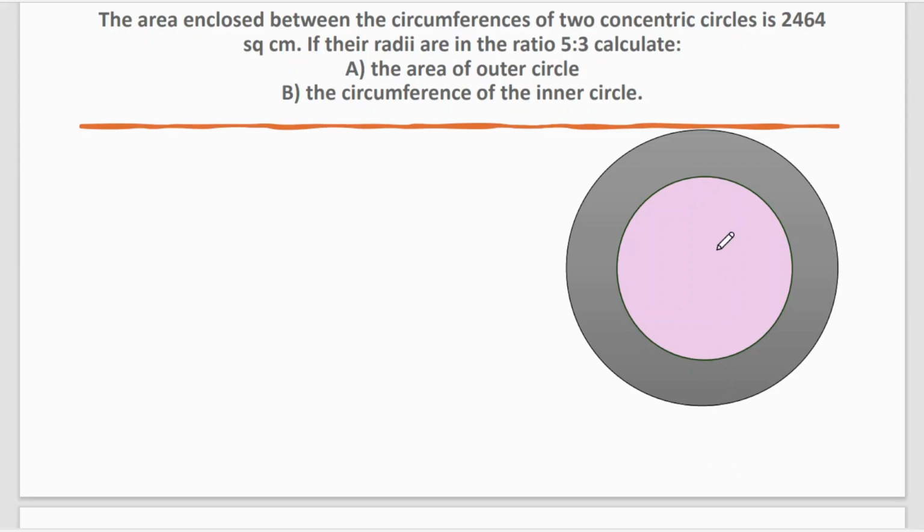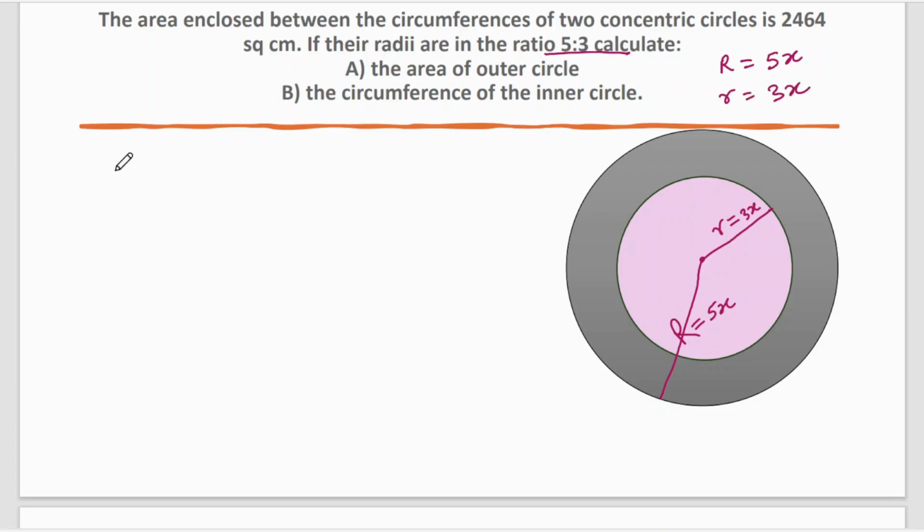See, this is our center and this is our small r, and this is the center and this is our capital R. From here to here it is capital R. Now they have given me the ratio, so we can say let the radius of both the circles be 5x and 3x. So the inner circle, let us take this as 3x and this is our 5x. Got the point? So now I can write capital R equal to 5x and small r equal to 3x.